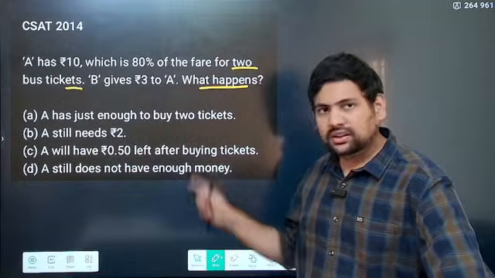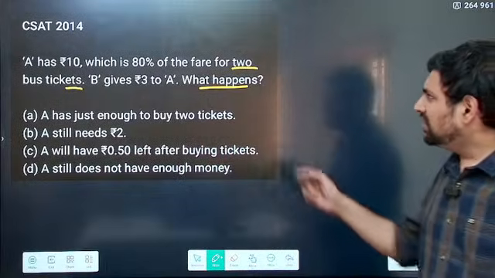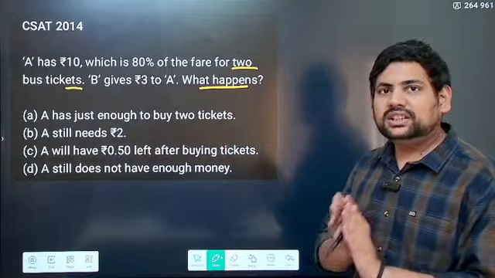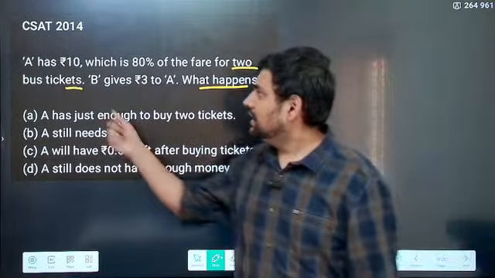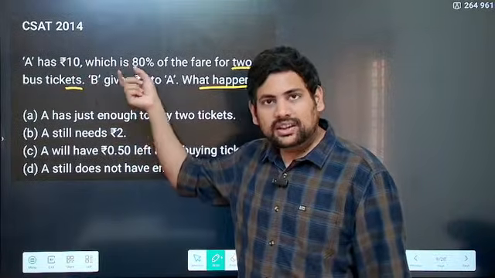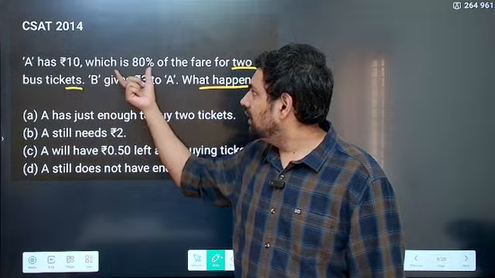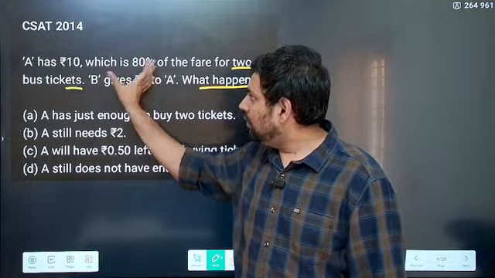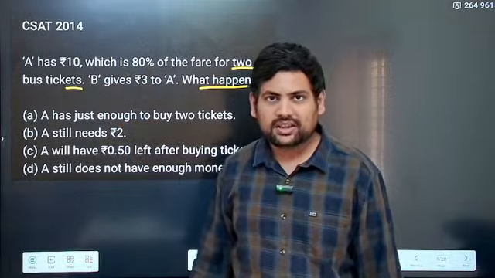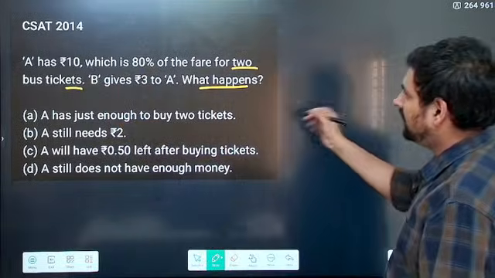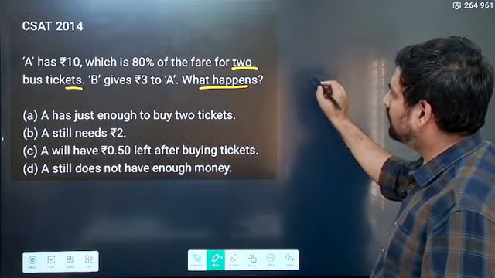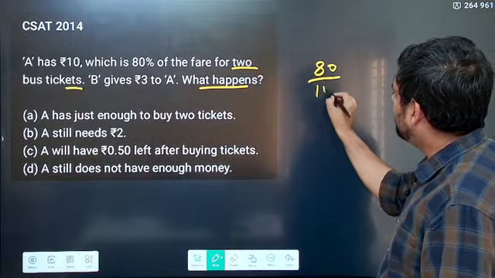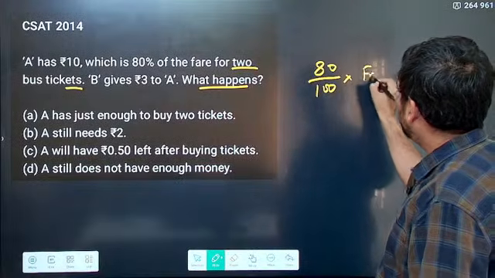Okay, if you look at the options, then you don't need to consider the fare for 2 tickets separately. It is ultimately the amount of money that A needs. That A needs is actually 80%. Only 80% of it is what A has. So whatever money A has, 10 rupees, which is 80% of the fare.